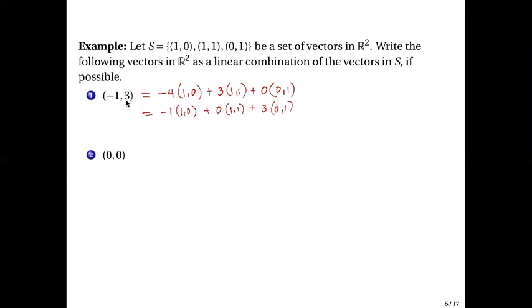And there's another one. We can also write this as, so this time let's multiply this (1, 0) by 0. So you have 0 (1, 0). So this does not contribute to anything. Okay? And then for this vector, we can multiply this by -1.